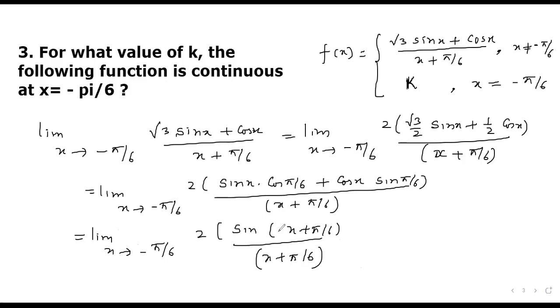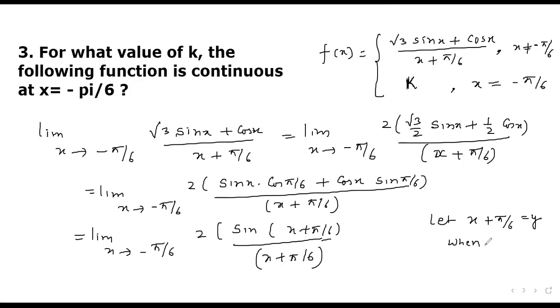Now this will become 1, but for that let's do some more steps. Let x plus pi by 6 equal to y.